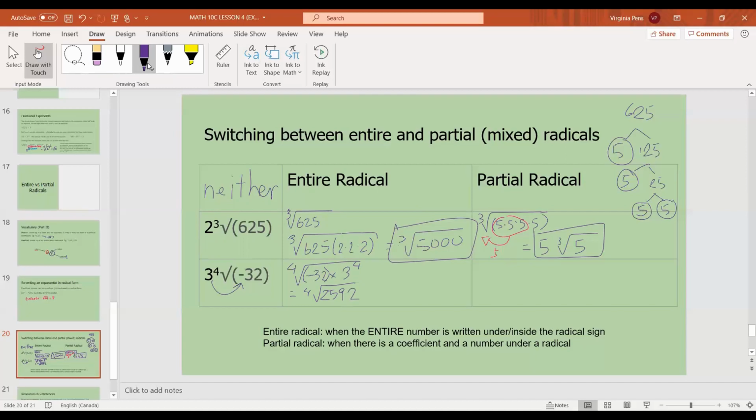Now for partial radical, we do the same thing as we did for the last one. We have to first factorize 32. So we have negative 32. We can take out a 2.